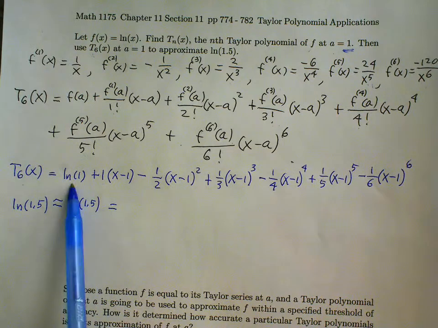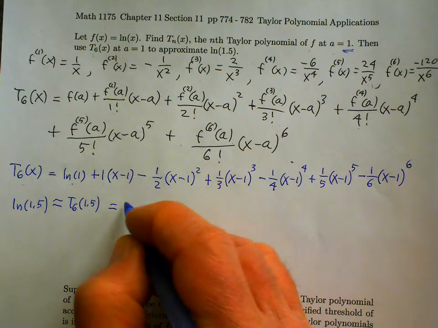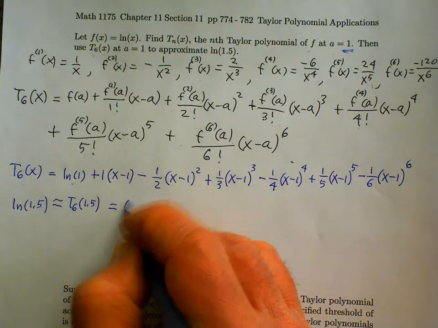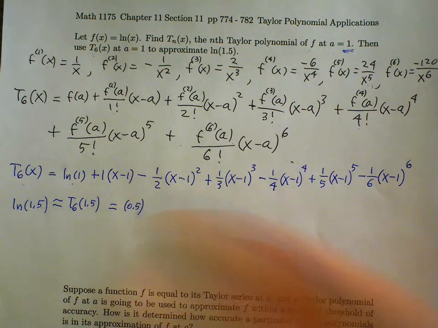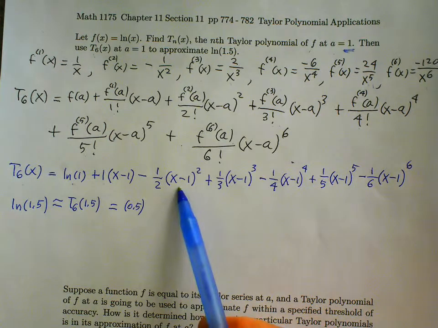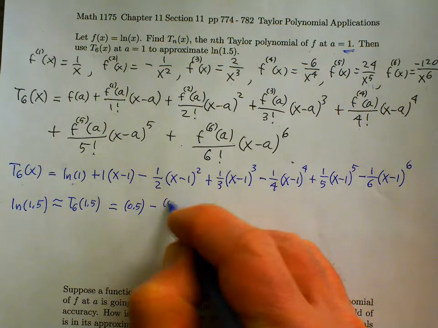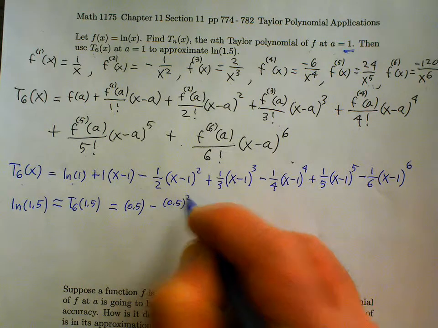The natural log of 1 is 0, so we can ignore that. And then when x is 1.5, we have 1 times 1.5 minus 1 is just 0.5. And then minus 1/2 times 0.5 to the second. I'll just write minus 0.5 to the second over 2.